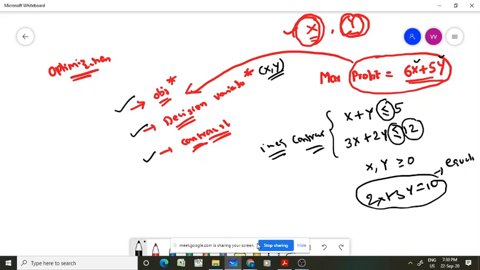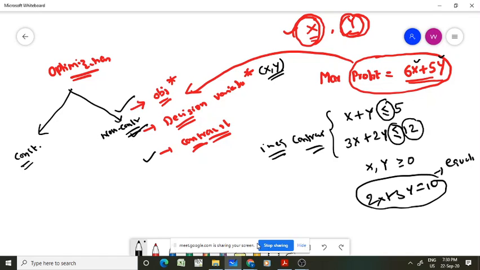Based on this, optimization problems can be separated into 2 categories: constrained optimization and non-constrained optimization. Constrained optimization means that once you transform your problem into the mathematical model, you can see the objective function, decision variables, and the constraints, equality or inequality.